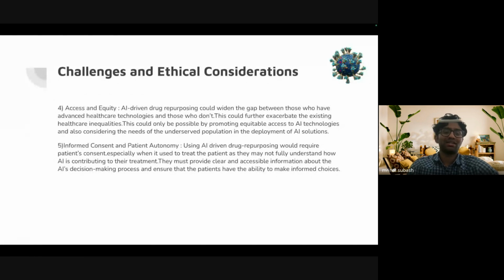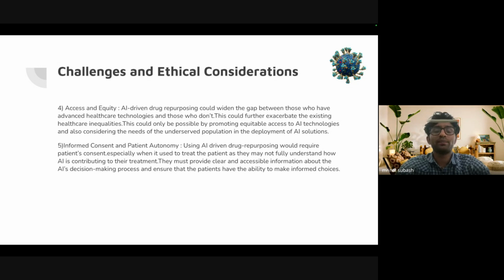And another challenge is access and equity. AI-driven drug repurposing could widen the gap between those who have advanced healthcare and those who don't. In one case, this can be a necessary evil, this can shatter the privacy of people who can access a certain drug in order to cure a certain disease.